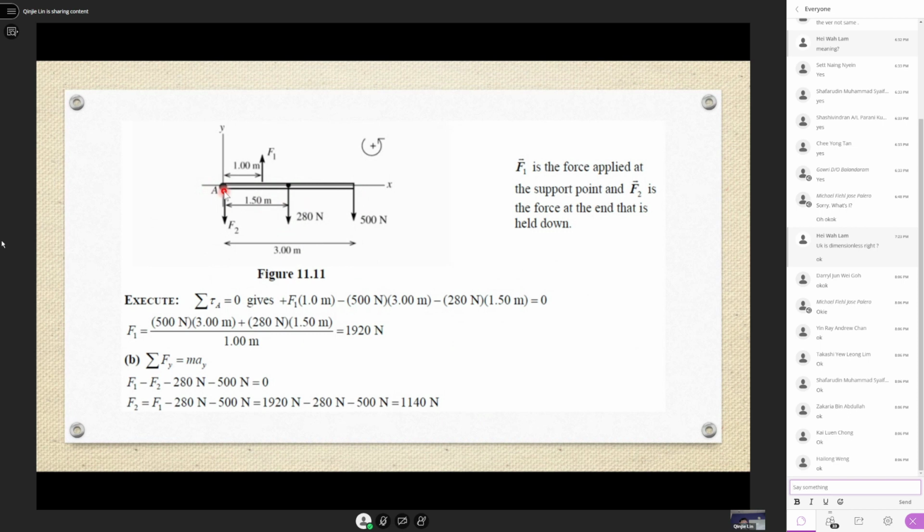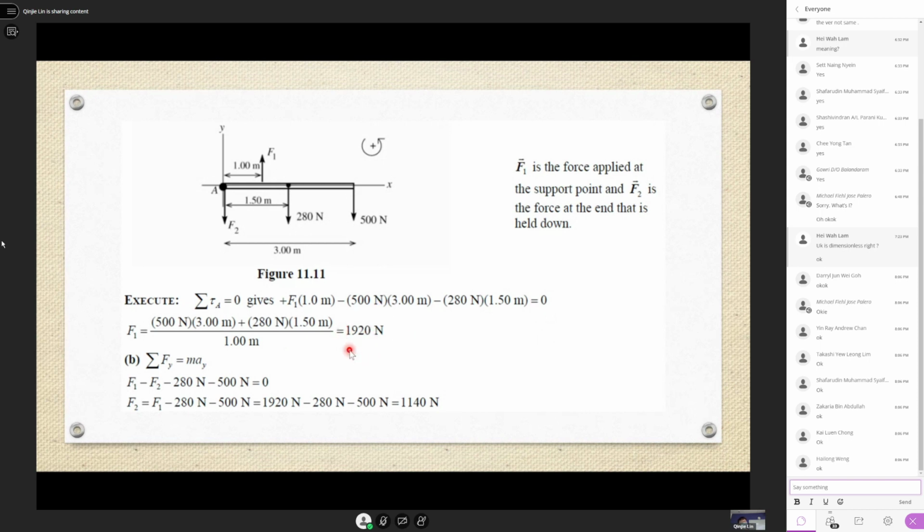That's the useful part about taking summation of torque. You take at that point, whichever force that acts at that point will disappear from the equation. That's why this equation only has F1. Then you just straight away solve for F1.